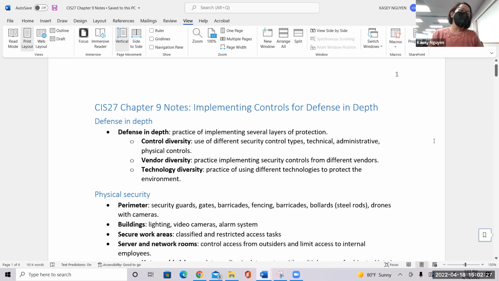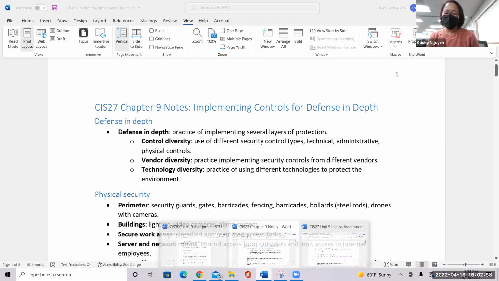So it talks about how we would have control diversity. That means that you have to implement solutions that address the technical, which is your area in IT, the administrative, which deals with people, rules, the operation of the business, and then the physical control that pertains to the building, door locks, security, surveillance, the physical areas of your organization.